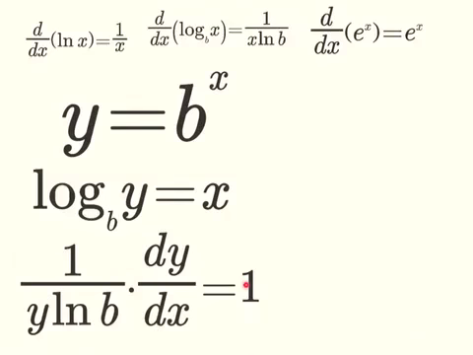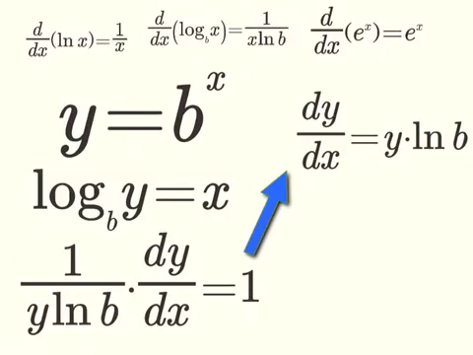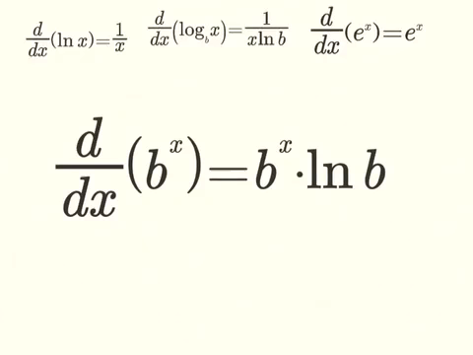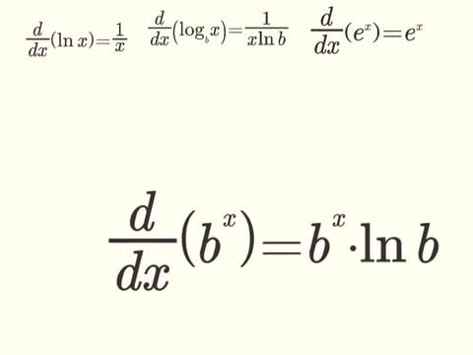If we now solve for dy/dx, we get that dy/dx is equal to y times the natural log of b. But we already know what y is. y is b to the x. Therefore, we can finish this off by saying that dy/dx is equal to b to the x times the natural log of b. Which is the final of our 4 derivatives.